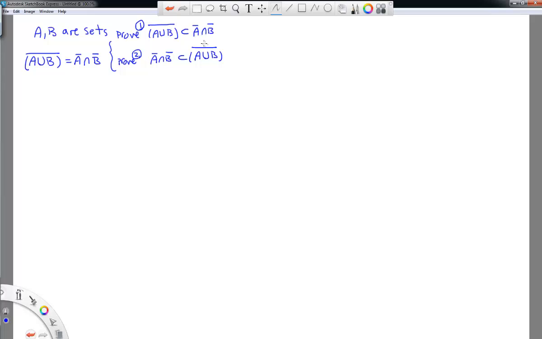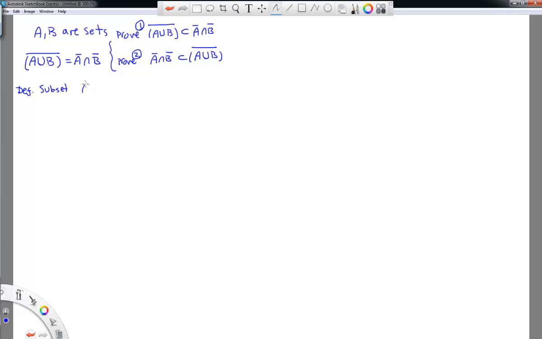Now, to build this proof, I need to rely on definitions and statements. So let's do a couple of definitions. Definition number one is the definition of subset. What is a subset?